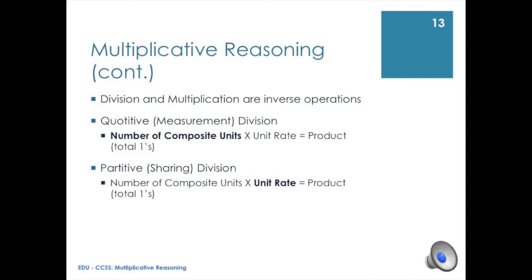They are inverse operations, so if you think about one kind of division, quotative or measurement division, you're given how big the towers are, or the unit rate, and you're given the product, or the total number of single cubes. And what you're trying to find out is how many towers would I have if they're all this size and I have a total of this many cubes.